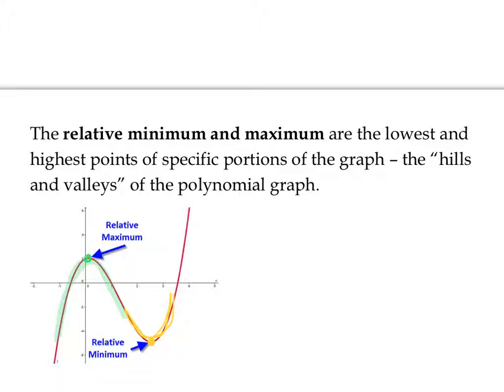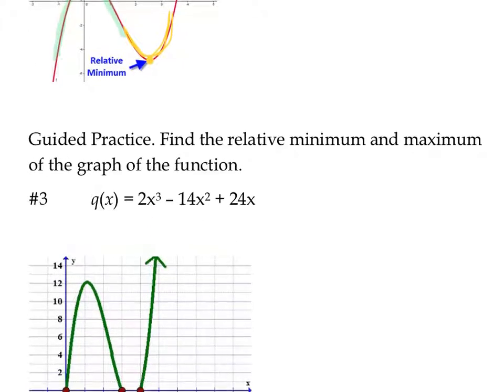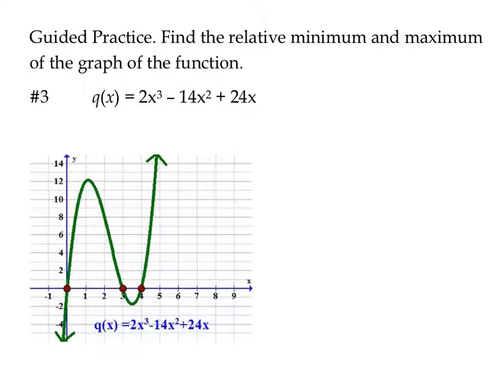So we want to be able to calculate those relative maximums and minimums, and we're going to see what that looks like here. You can practice it and make sure you're familiar with how to do this on your graphing technology, where it's not going to be an exact value, but some decimals. You're not going to be able to just look at this graph and say, oh, I can see that that's a minimum of -3, like in that parabola that we had.